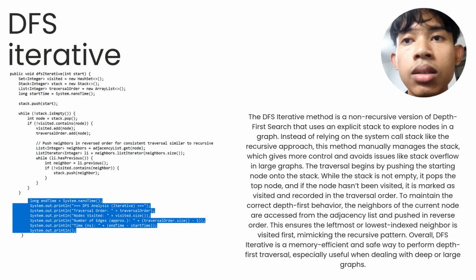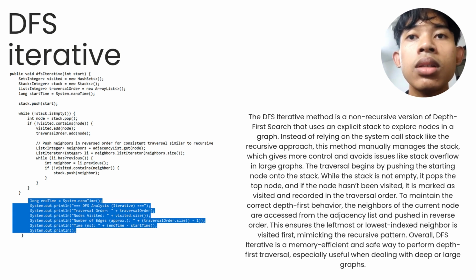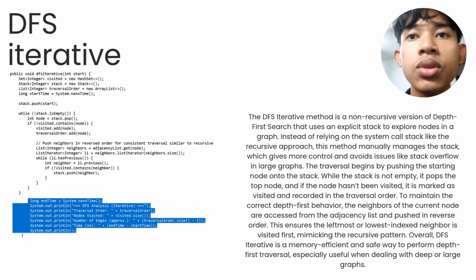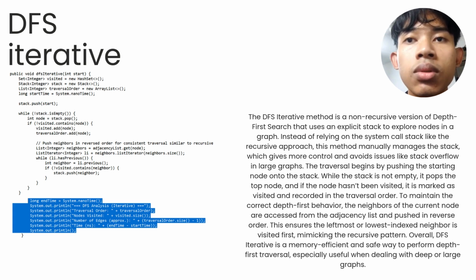To maintain the correct depth first behavior, the neighbors of the current node are accessed from the adjacency list. This ensures the leftmost or lowest index neighbor is visited first, mimicking the recursive pattern. Overall, the DFS iterative is a memory efficient and safe way to perform the depth first traversal, especially useful when dealing with deep and large graphs.